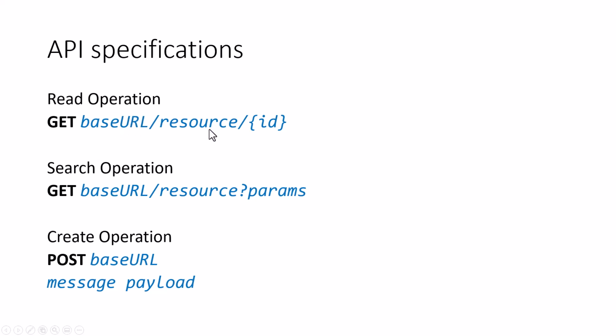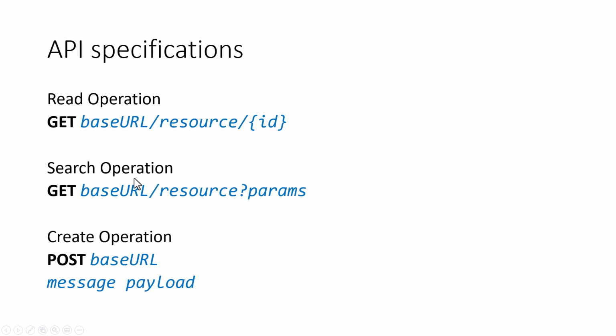Then you ask for the resource that you're interested in. It could be a patient, observation, or practitioner, what have you. And then because this is a read operation, you specify the ID of that resource. If it is a patient, you specify the ID of the patient. Then this would give you the information about the patient.